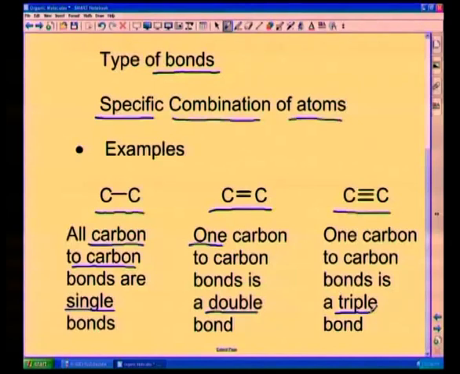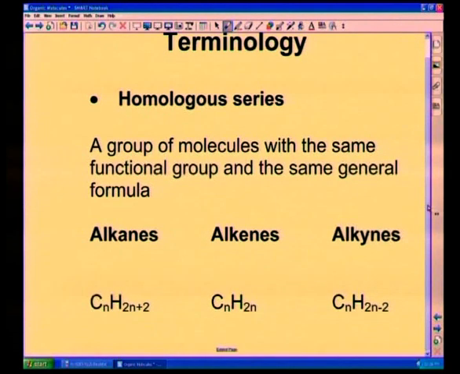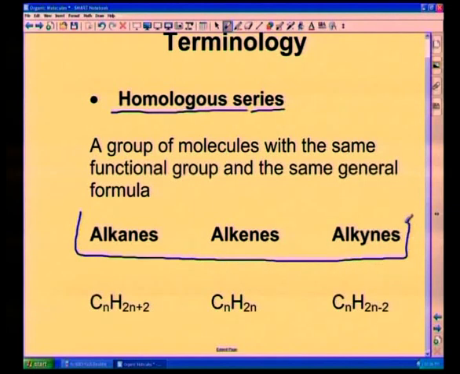So these are functional groups. It can depend on the number of bonds between carbon atoms. It can also depend on the type of bonds or the type of atoms involved in the bonding, to tell us the functional group of an organic molecule. Continuing with terminology, let's look at the homologous series.